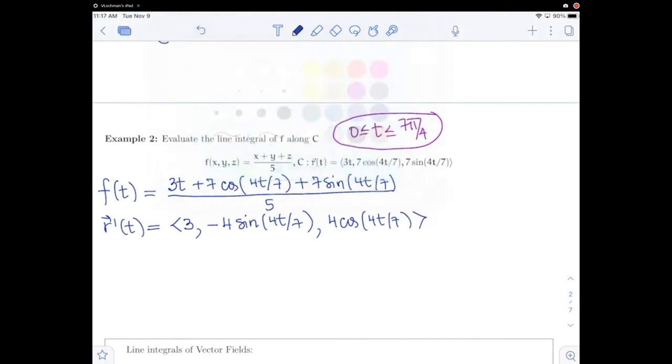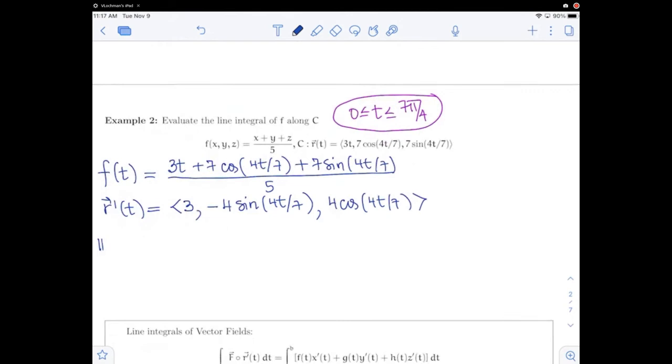Okay, what do we do next? Next, we compute the speed. So this is the magnitude of this vector. It's a little messy, but it will work out. Okay, so this is 3 squared plus 16 sine squared of this argument plus 16 times cosine squared, same argument, right?